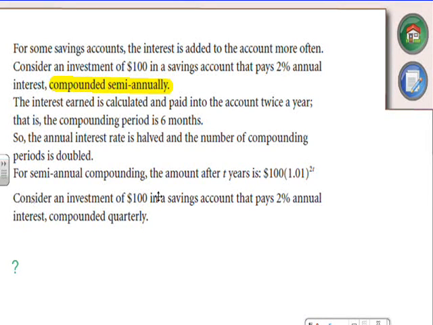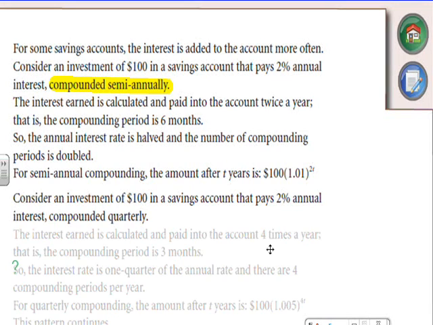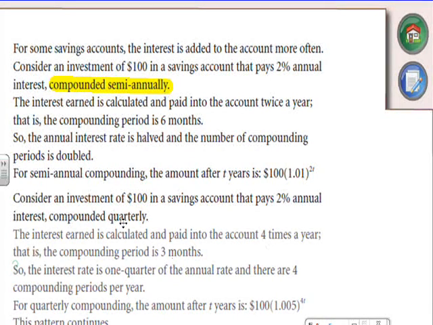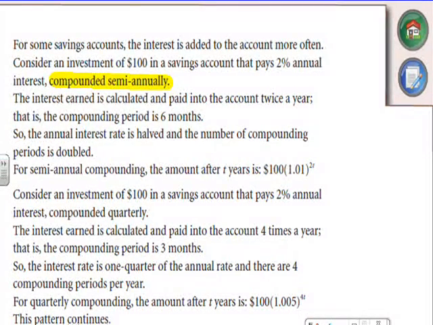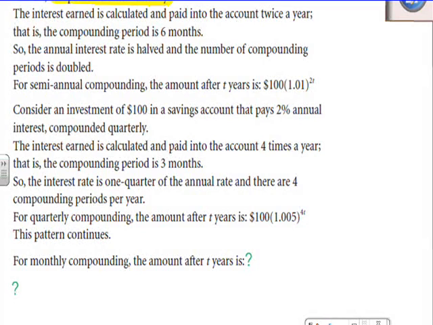Okay. And then if I did it 4 times a year, which is quarterly, every 3 months, I would take the rate divided by 4, which gives me 0.005, and I'd multiply the exponent by 4. You're always dividing and multiplying by the same number.